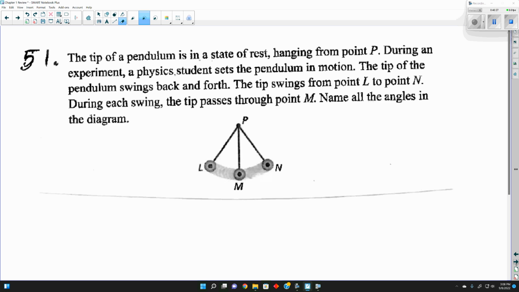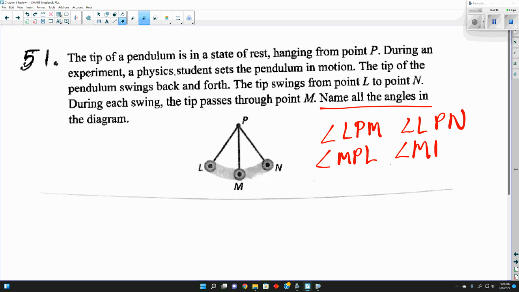We have questions on 51. I think this is the last one, isn't it? What's this problem asking? So angle LPM, angle MPL, exactly, angle MPN, angle NPL, and angle NPM. Name all.